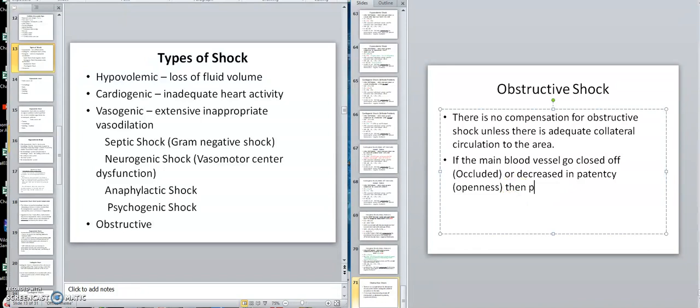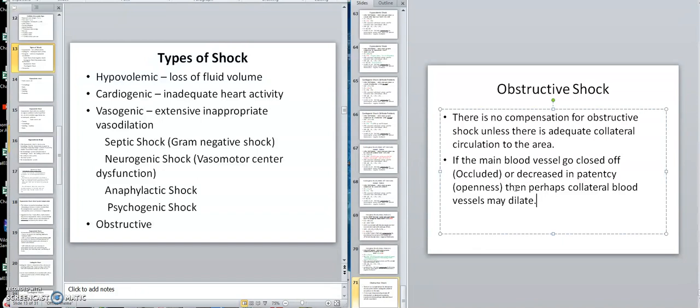Then, perhaps, collateral blood vessels, that means to the same area, bypass routes, may dilate. That's the only thing that can help you.